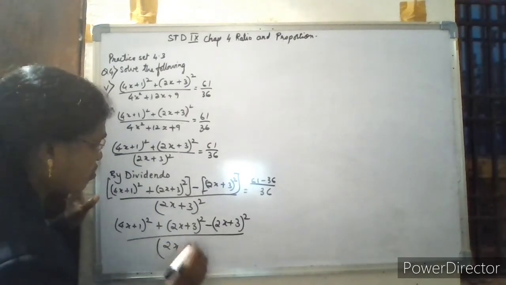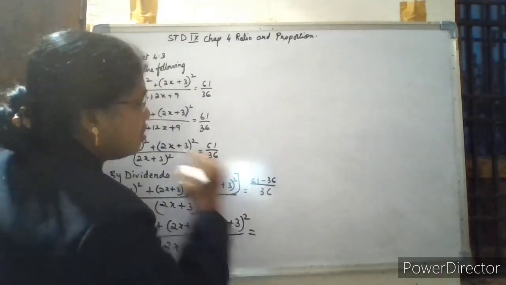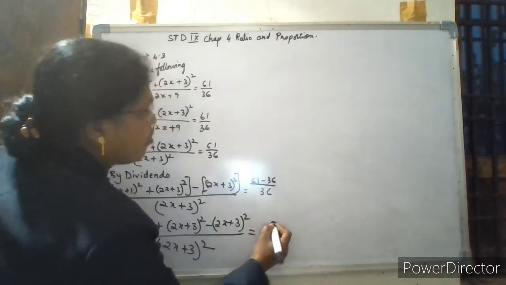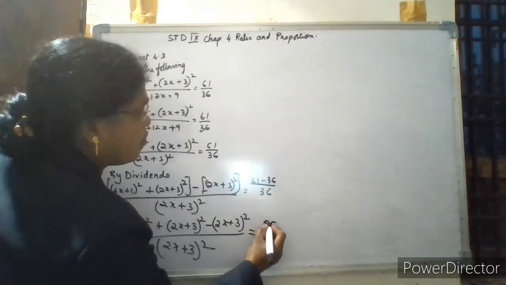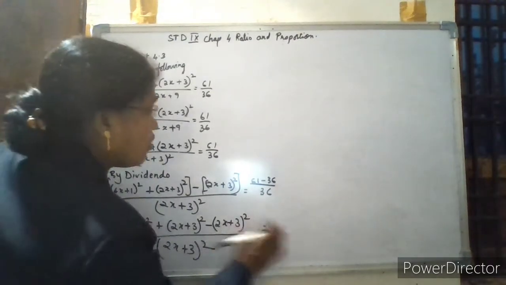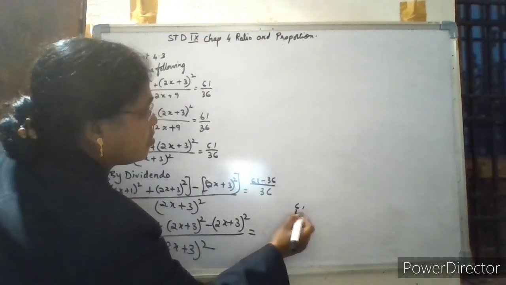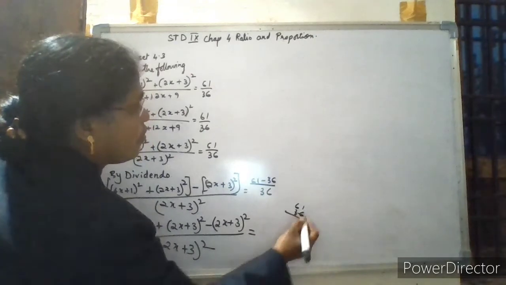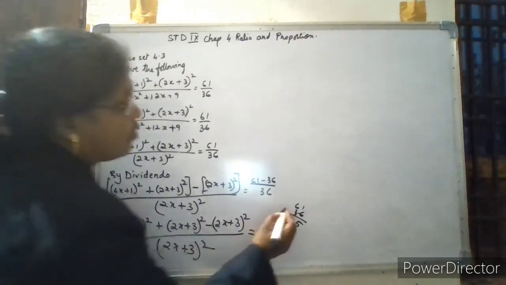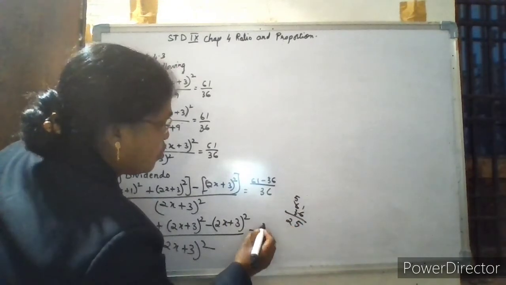This is equal to, if we subtract it, 61 minus 36, 25 upon 36.